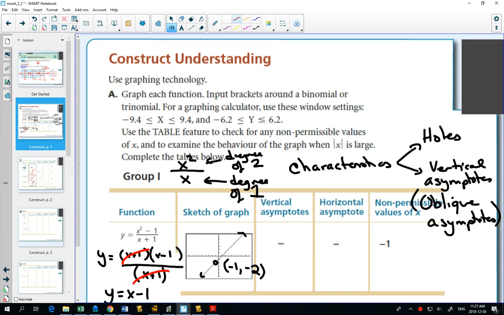That's the coordinate of the hole, because the graph simplifies to be something that we know, a straight line, which we can graph, but there's still a non-permissible value at -1. So we label that non-permissible value as -1, -2. But everything else is going to be on the line y equals x minus 1.